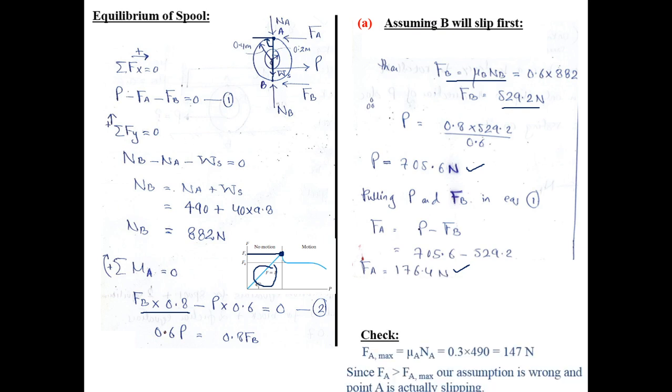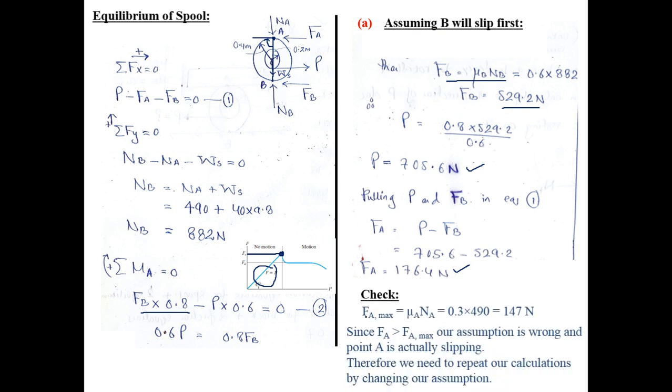Now we have to apply the check. For applying the check, we must calculate the maximum value of friction force acting at A. That will be equal to mu A times Na, and that is equal to 0.3 times 490, because Na has been calculated previously.